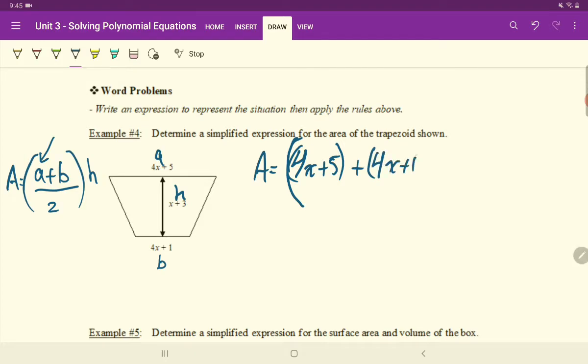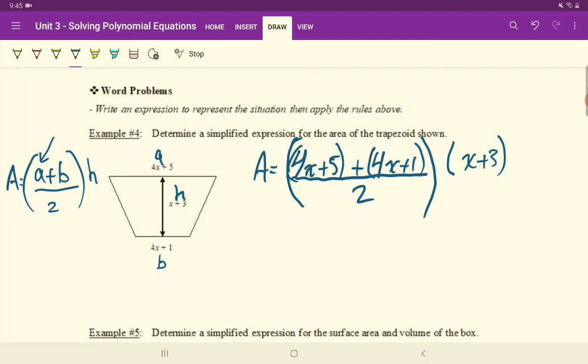Make sure you do that. I should have used square brackets at the end there so we don't double up on circular brackets, but that's okay. Now, times x plus 3. So now I've substituted everything in, using brackets around everything I substituted.